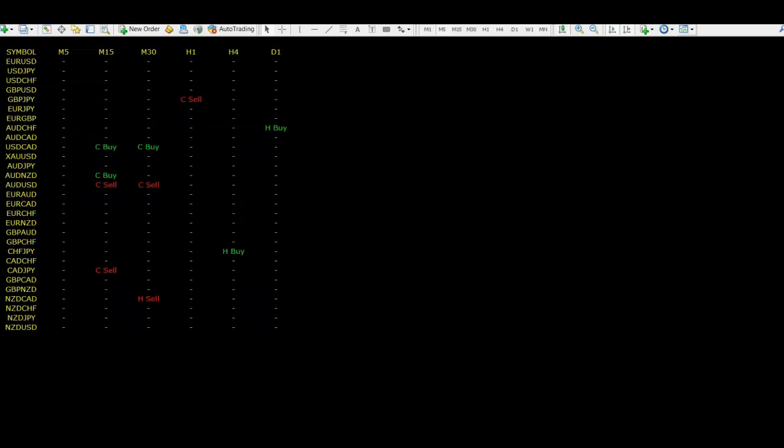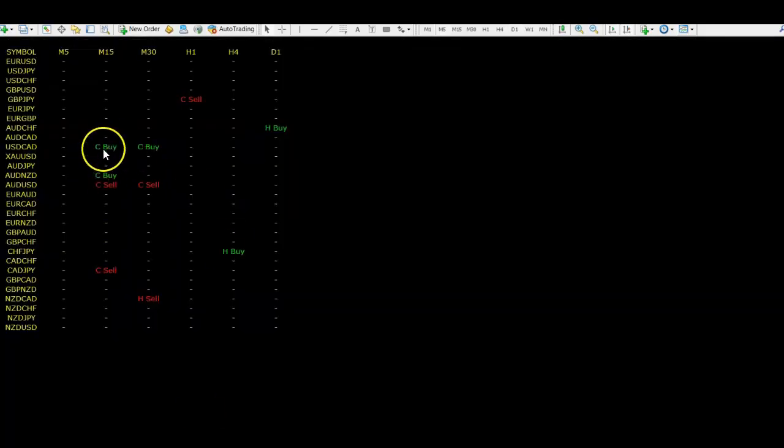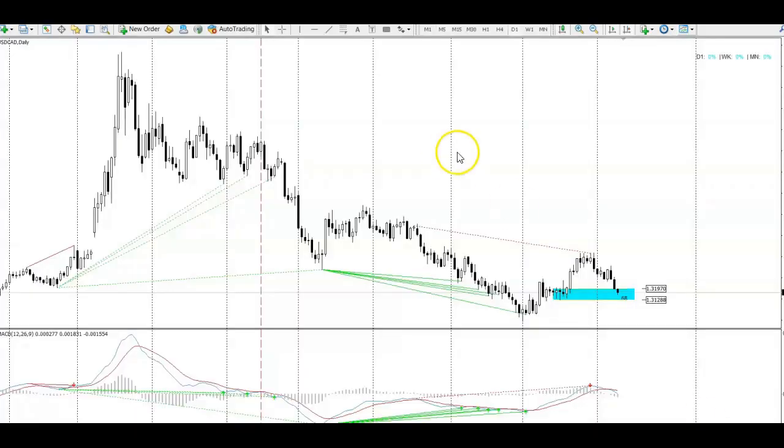We're at a key area on the chart where I'd be looking to buy, the reason being swing high, swing low, new swing high. So this is an area that caused a new swing high after the break of this trend. So I'll be looking to buy inside this area, and the divergence signals on the dashboard are confirming that trade entry for me.